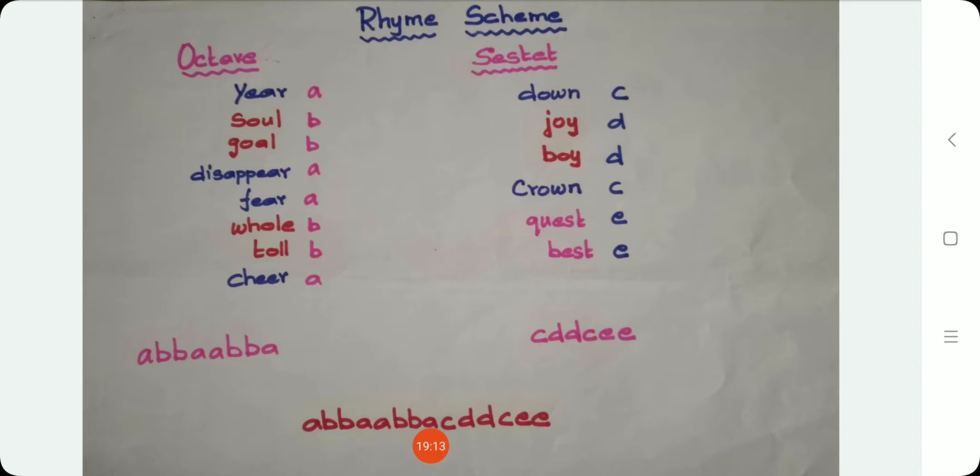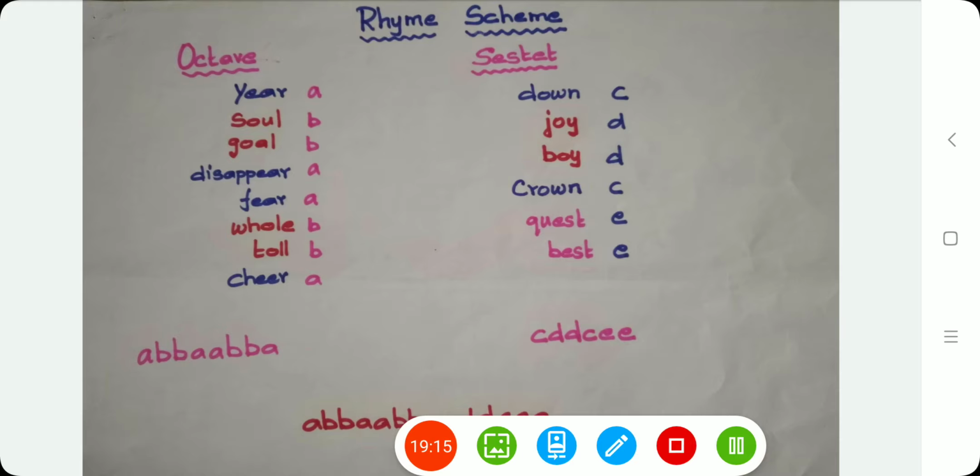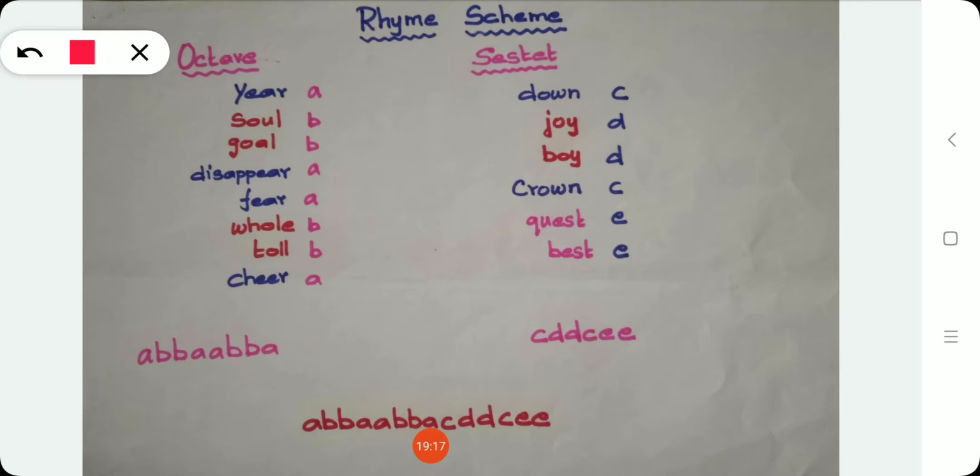Okay, see, now I have written the last words in the octave, that is, in the first 8 lines I have written only the last words. What I have written in blue is year, disappear, fear, cheer.